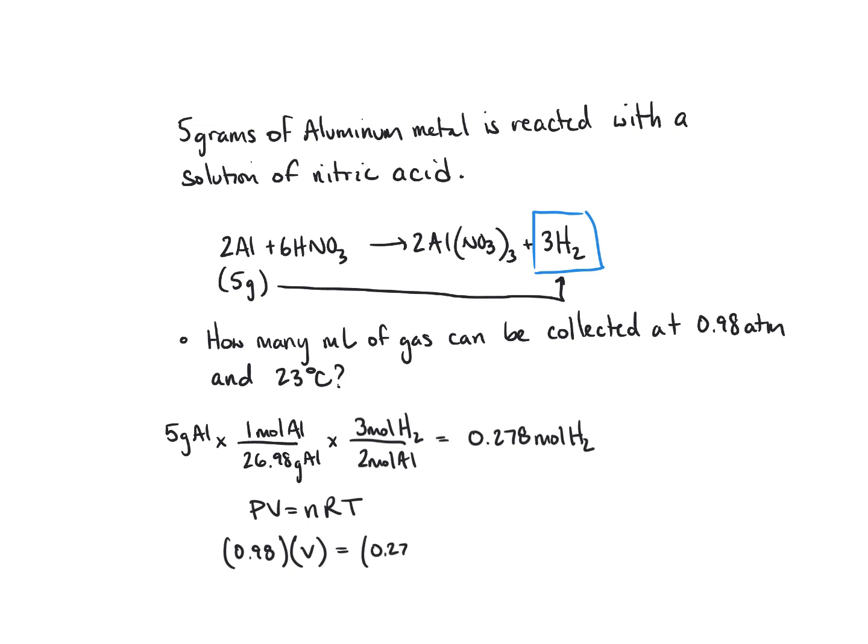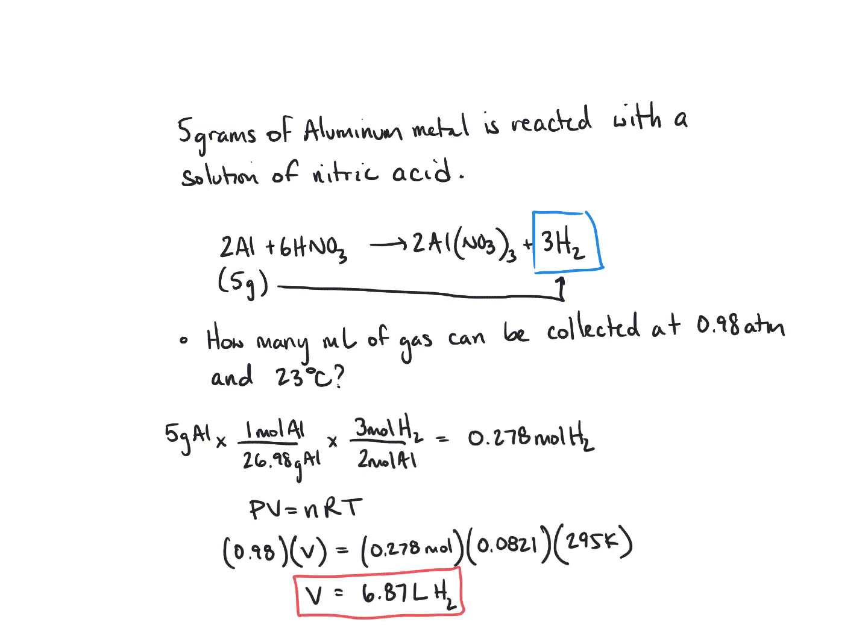So 0.278 moles times our gas constant, 0.0821, and then times that temperature, which is going to be 295 K. All right, and then we just calculate this out. So 0.278 times 0.0821 times 295. We divide that by 0.98, and we get V is equal to 6.87 liters of H2. And that is our answer.